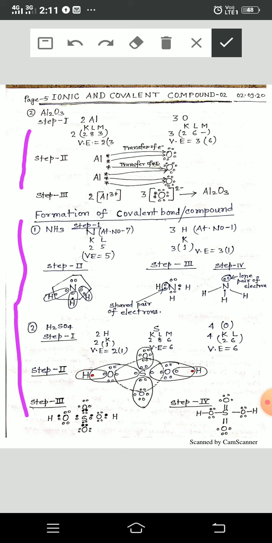The sharing of electrons has been shown here with the help of circles and so on. From the diagram, everything is clear, and the formation of a covalent bond we can show in 4 steps. Each and every step is very clear. If you do not understand it, I will clear it up in the Google Meet class.